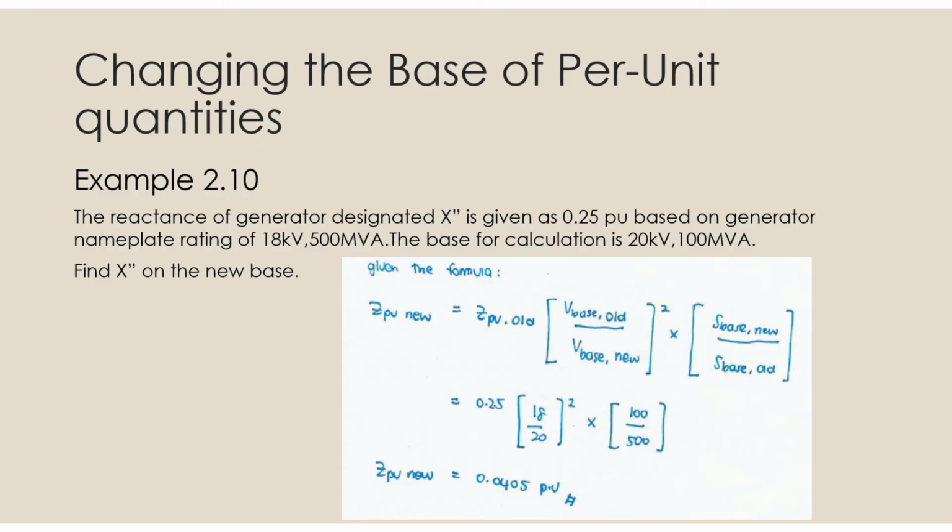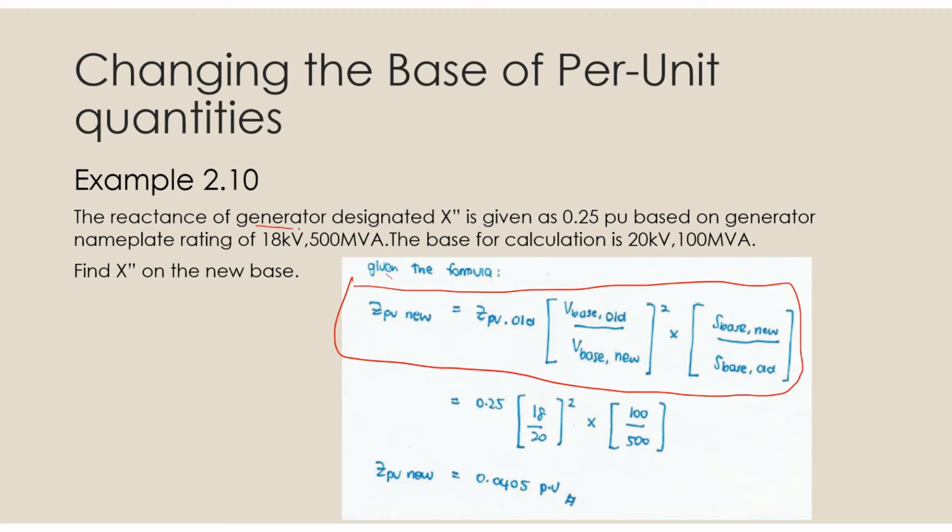For example, question 2.1. This question is very straightforward if you remember the formula. You have a generator with X given as 0.25 pu, which is the reactance.